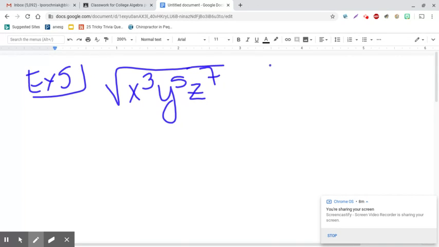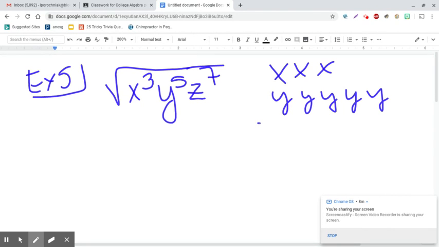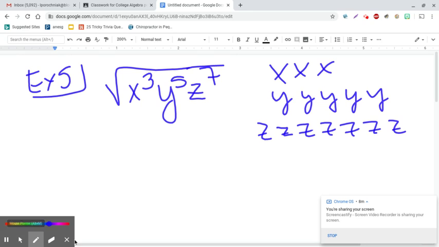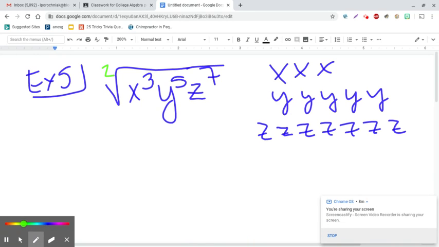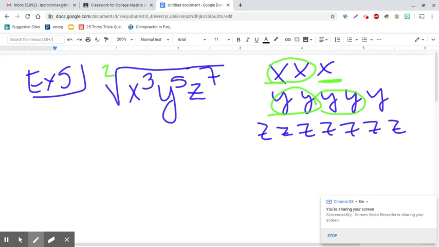All right, long way. 3 x's, 5 y's, and 7 z's. All right. Again, guys, invisible 2. We want groups of 2. That gets circled, that stays. Circle, circle, stay. Circle, circle, circle, stay.